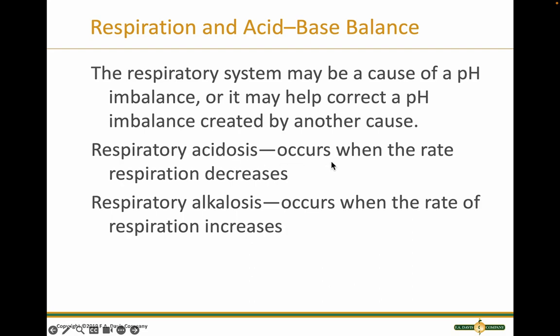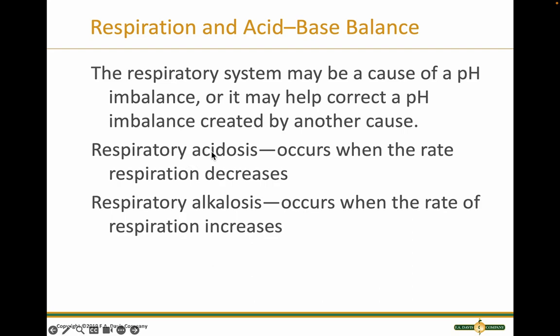So if we decrease the rate of respiration, then we're holding on to carbon dioxide in our blood, we're not able to get it out as much or as quickly, and that builds up in our blood more than it should, and that brings our pH down, which is known as acidosis, and this is due to the respiratory system in this context.